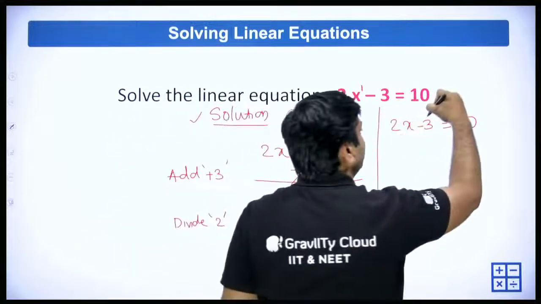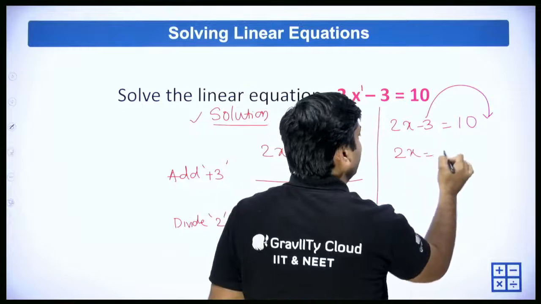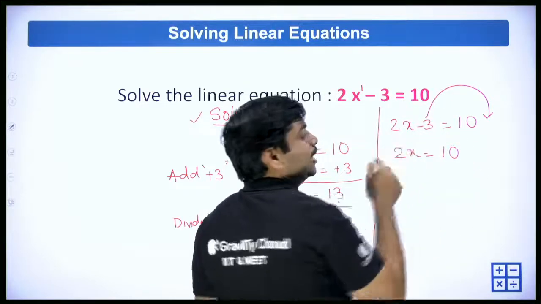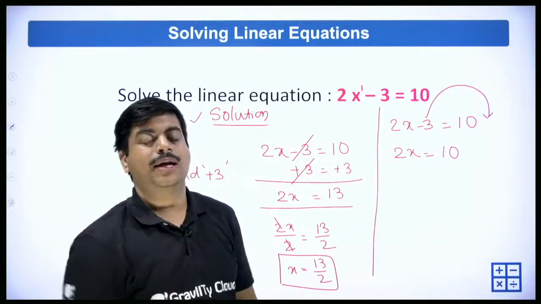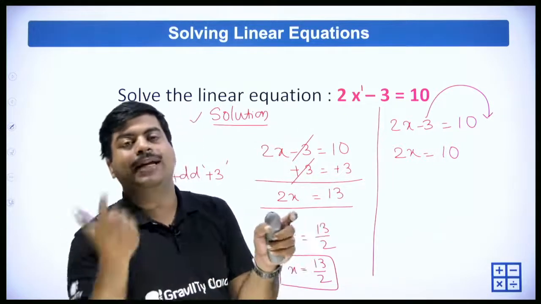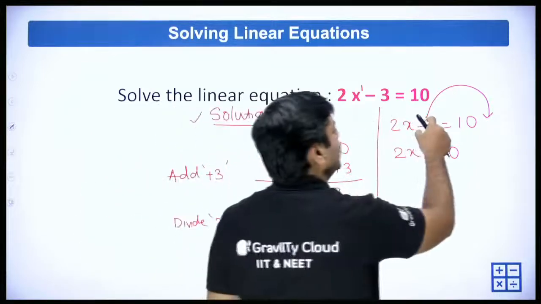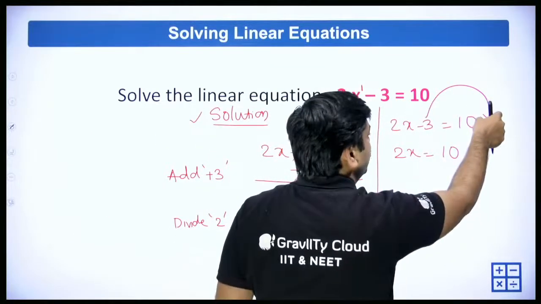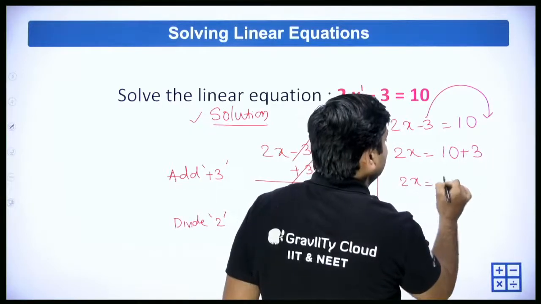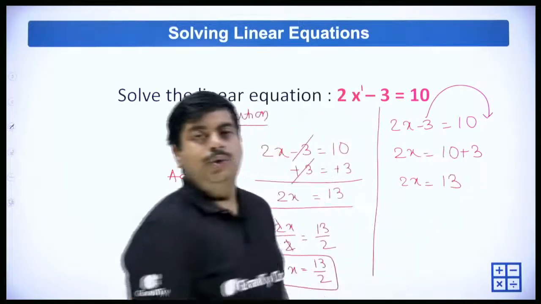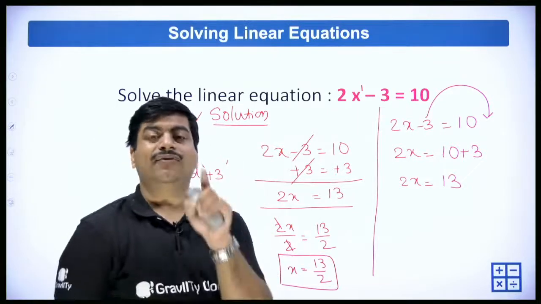So 2x is equal to 10. If it is a minus, that will become positive. If it is positive, that will become negative. Plus with minus or minus with plus. So the minus 3 transferred to the other side becomes a plus 3. So 2x is equal to 10 plus 3 is 13. So the next point is divide with 2.